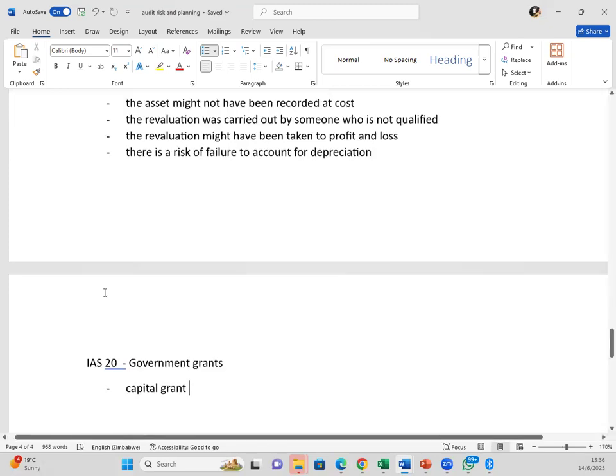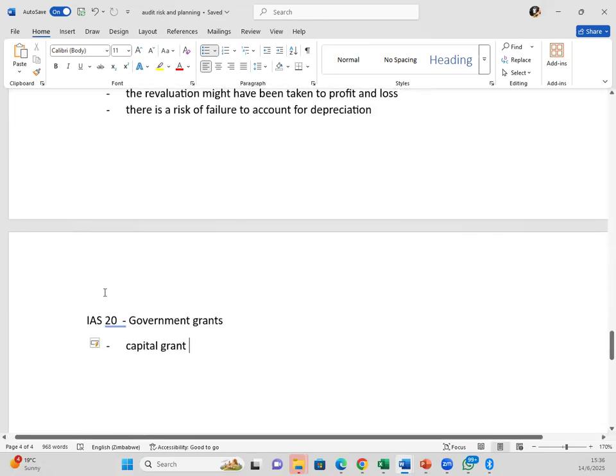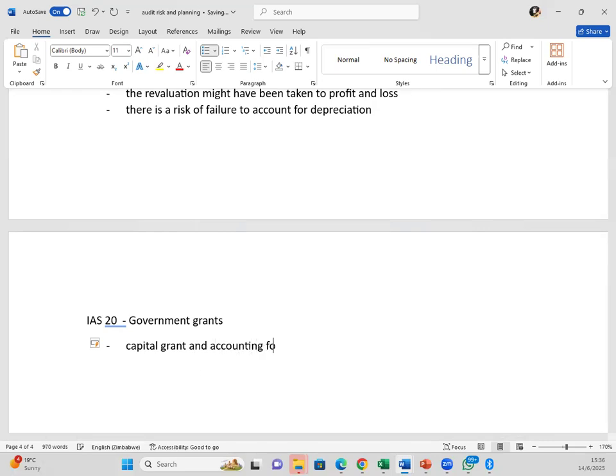If the organization is accounting for a capital grant using the deferred income method, the problem is that we might fail to split the liability.